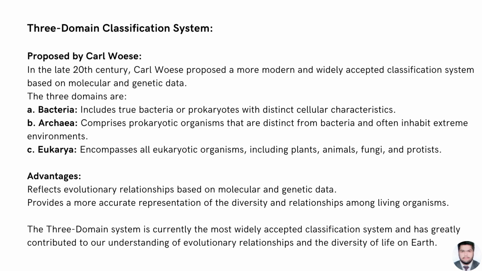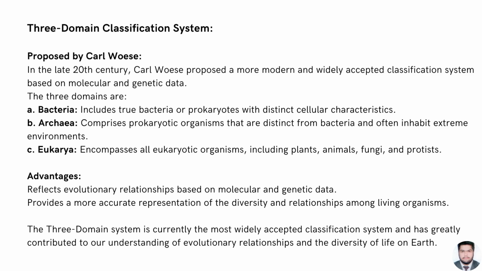Three domain classification system proposed by Carl Woese in the late 20th century. Carl Woese proposed a more modern and widely accepted classification system based on molecular and genetic data. The three domains are bacteria, archaea, and eukarya.